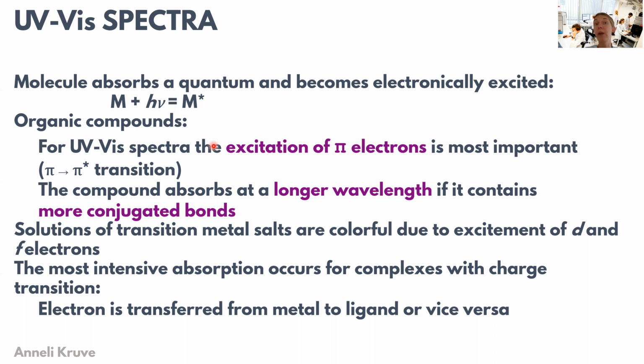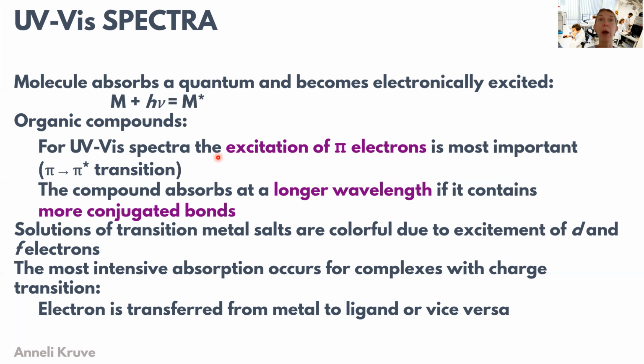However, when our quanta have less energy, so when they are in the ultraviolet or in the visible range, then we need the excited states to have a bit lower energy relative to the ground state.